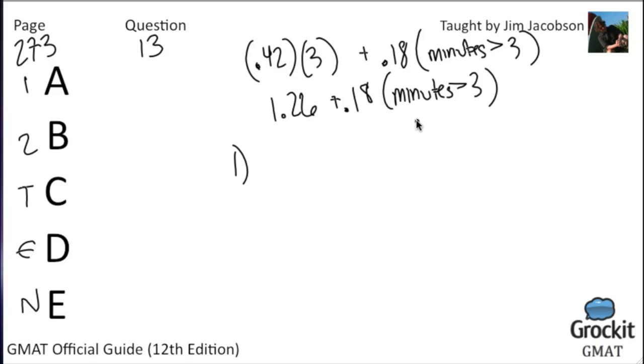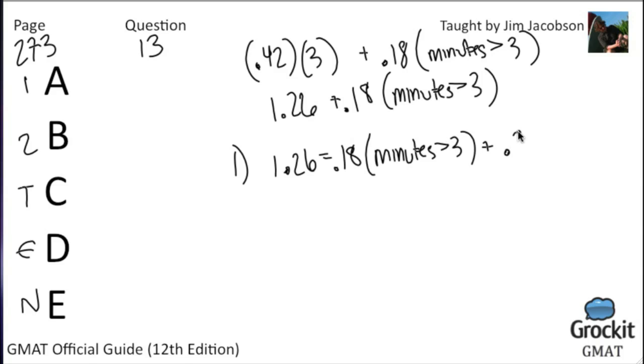Statement 1 tells us the charge for the first 3 minutes of the call was 36 cents less than the charge for the remainder of the call. So that gives us the relative quantities. The first 3 minutes of the call was 36 cents less than the remainder of the call, which means that 126 equals 18 cents times the minutes greater than 3 variable plus 36 cents.